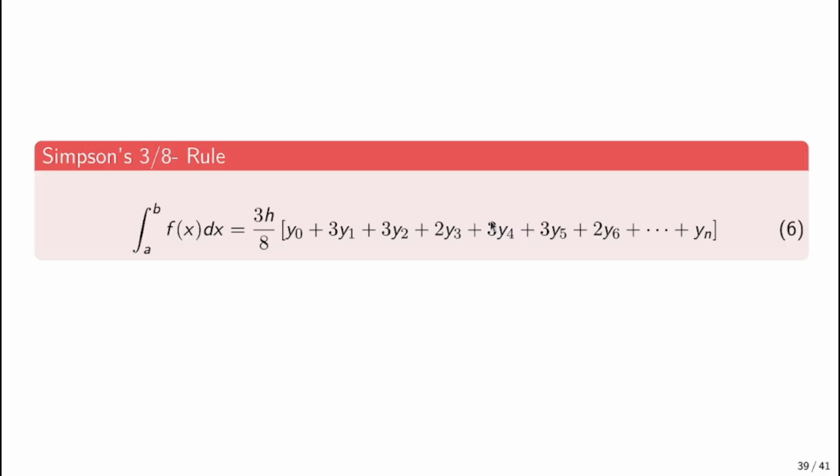So Simpson's 3/8 rule will give the integral from a to b of f of x dx as 3h by 8 times y0 plus 3y1 plus 3y2 plus 2y3. If you remember how we added and how you get 2y3, you will easily get the pattern. It will be 1, 3, 3, 2, then again 3y4 plus 3y5 plus 2y6. So this will repeat and the last term will be yn.